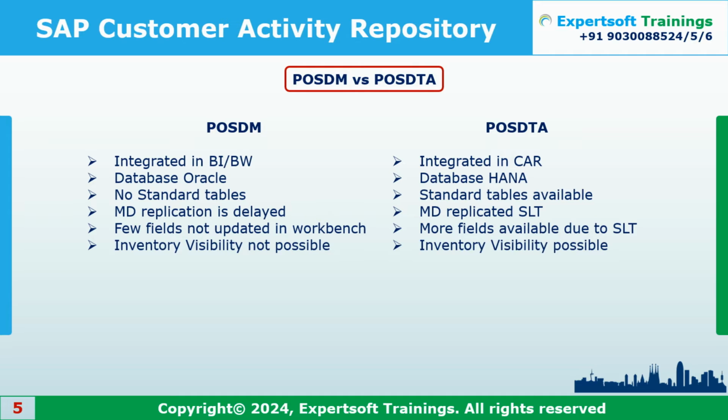But now, since it is a full-blown system within CAR, you have the HANA database, which can hold and quickly process a large amount of data. There are tables to hold non-aggregated and aggregated data, and there are technologies like SLT through which your master data can be replicated to CAR in real time.